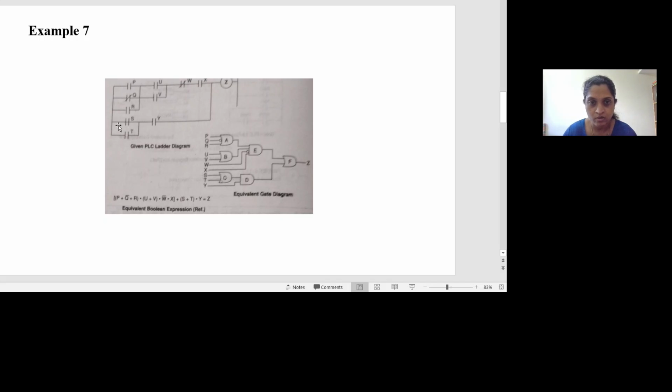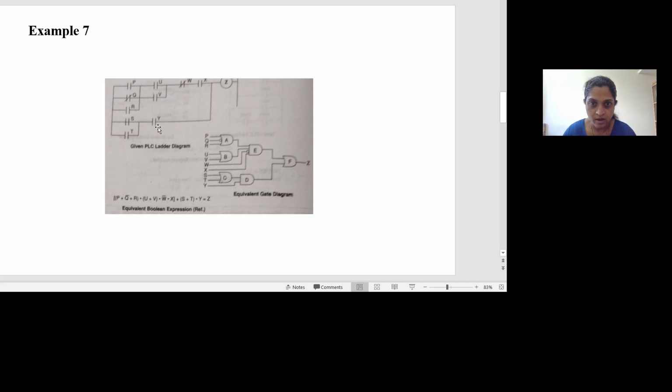Then we'll go for the second rung. Here we have contacts S and T in parallel. So replace that parallel combination by a two input OR gate. Here I have taken OR gate C. The inputs are S and T, right?